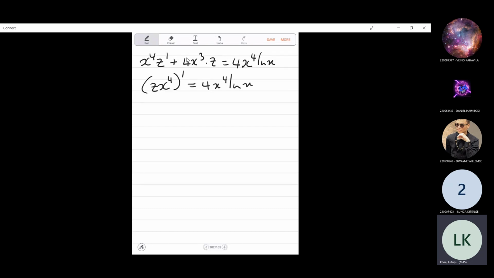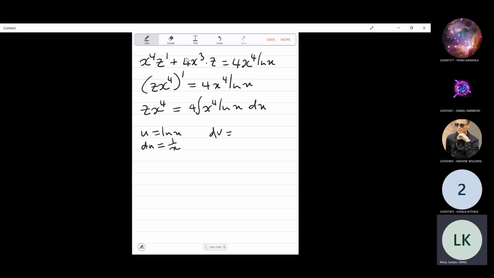Okay, then integrate. We have z x to the power of 4 is 4 times the integral of x to the power of 4 ln of x dx. And this one to integrate, we will let u equal to ln of x, and then this means that du is 1 over x dx.